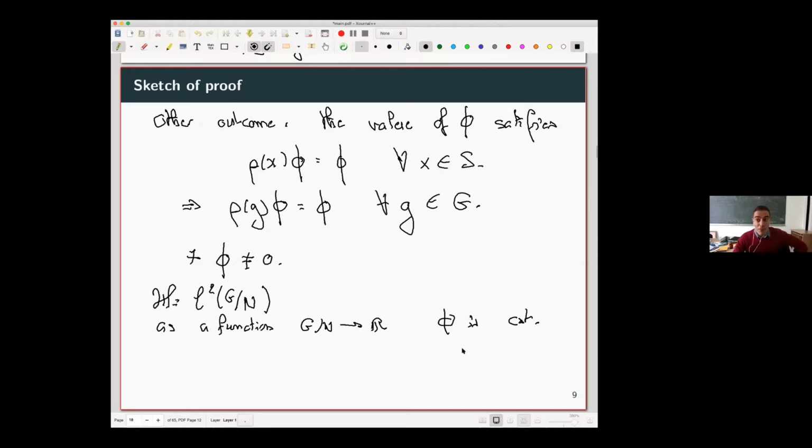And if you think a bit, a constant square summable function, which is non-zero, only exists if G mod N is finite. If G mod N is infinite, there is no way you can find a non-zero constant square summable function. So that will imply that G mod N is finite.